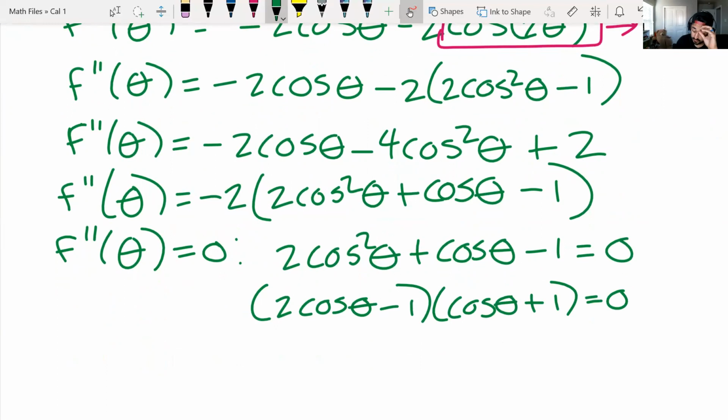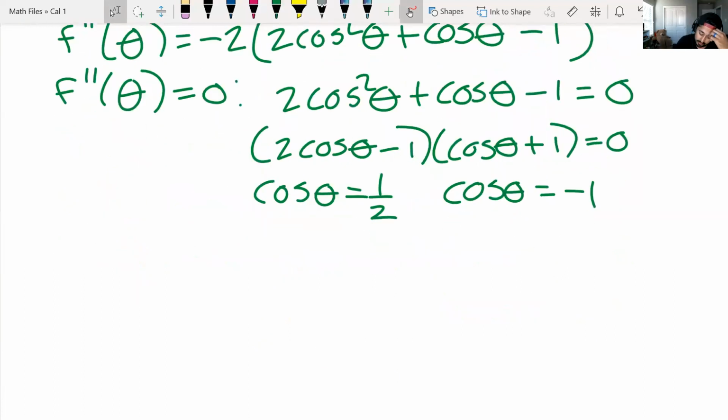That's 2 cosine squared, 2 cosine minus cosine. Good. Set these equal to 0. And I get cosine theta equals 1/2. Cosine theta equals negative 1.